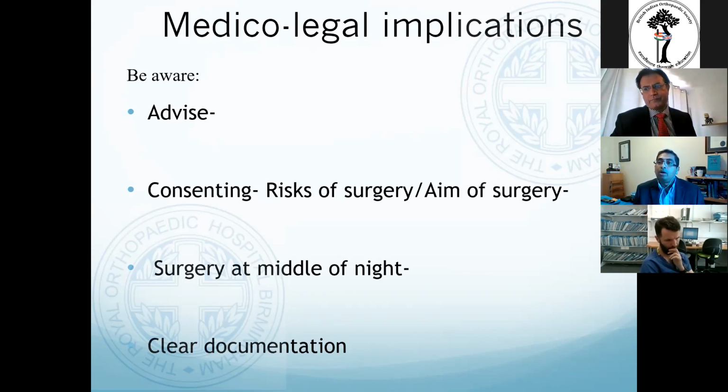If a young patient comes with CES-I, personally, I will operate whenever it is, because up to 25% of patients may go into retention if you delay the surgery. And again, most importantly, please document clearly in the notes why you made a decision and the reasons for making that decision.